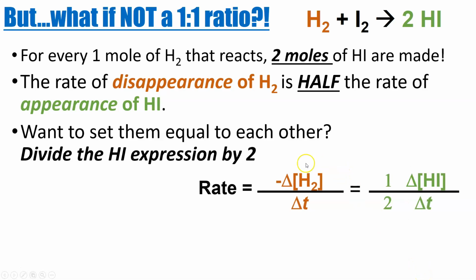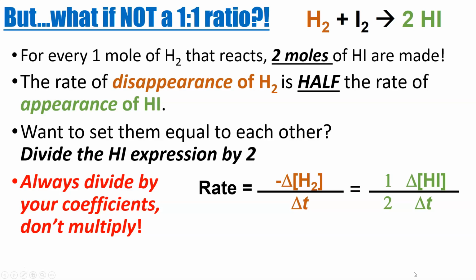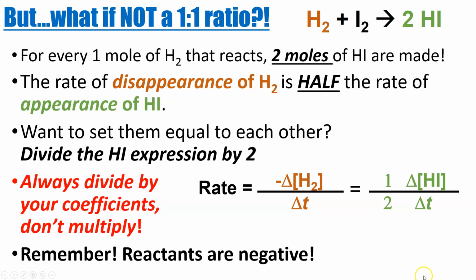This is telling me that the hydrogen disappears at half the rate that this is appearing. You always divide by your coefficients. You don't multiply or you're going to go the wrong direction. Okay? Remember, those reactants are negative, so when you get your negative symbol here, everything works itself out. Okay?